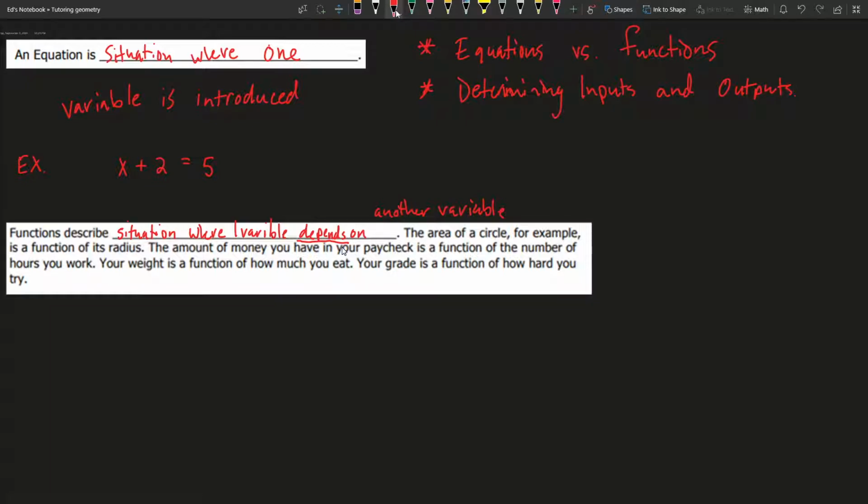Another way of saying that is the amount of money you have in your paycheck is a function of the number of hours that you worked. Or the circle's area is a function of its radius. Your grade is a function of how hard you try, right? Or your grade is a function of your attendance, right?